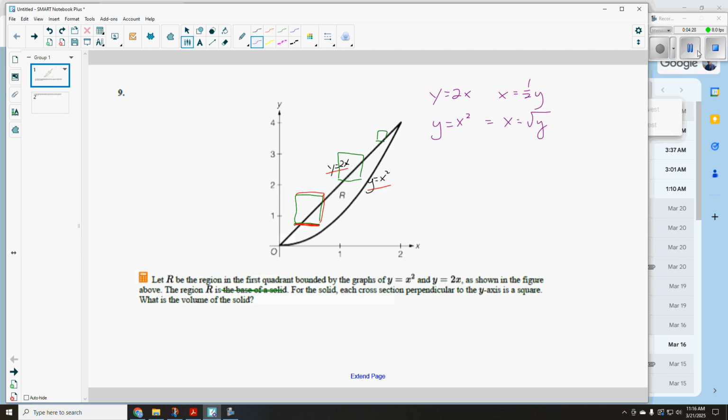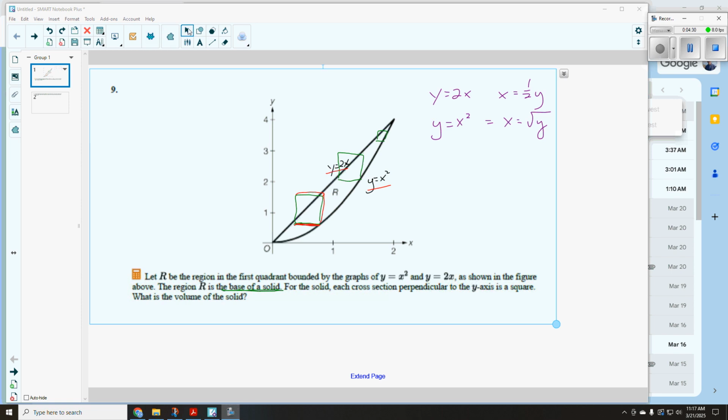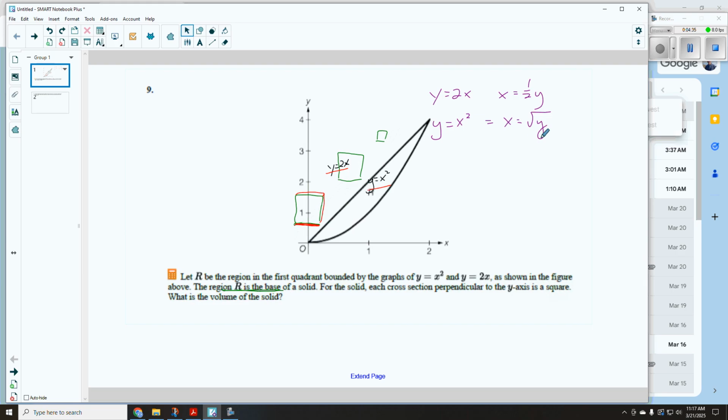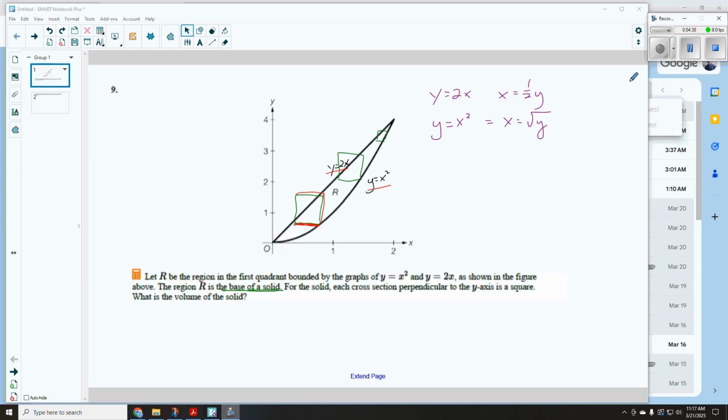Looking at it that way, I can see that in relationship to the y-axis, this one is the one that is higher, and this is the one that is lower. So each one of these sides is equal to the square root of y minus 1/2 of y.